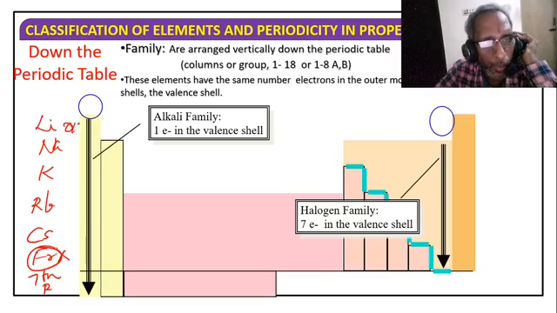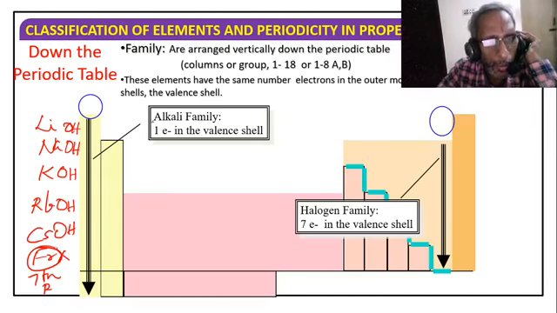All will form hydroxides: lithium hydroxide, sodium hydroxide, potassium hydroxide, rubidium hydroxide, cesium hydroxide. Hydroxide is alkali. So hydroxide-forming elements are called the alkali family or alkali metals.